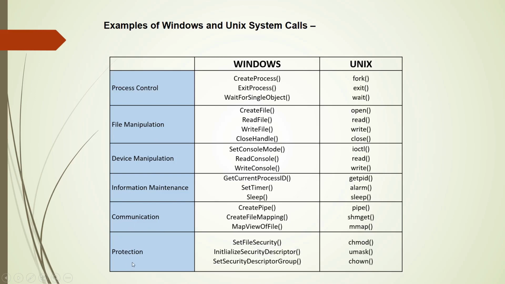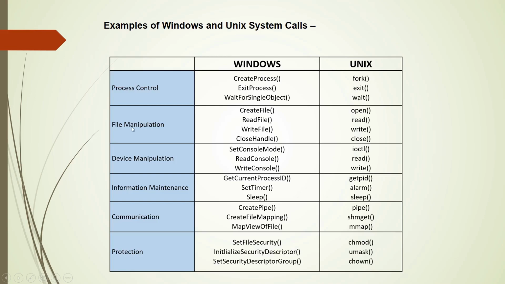For each of these functionalities of the operating system, we have a system call. For example, for Windows there is a CreateProcess system call. These are the system calls in Windows, and these are the system calls in Unix. We will specifically look at the fork, exit and wait system calls in Unix in our lab class.